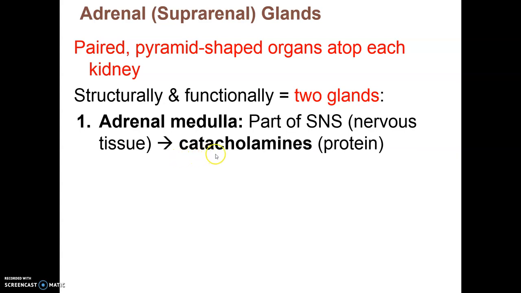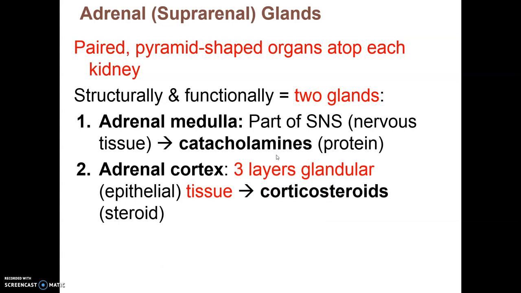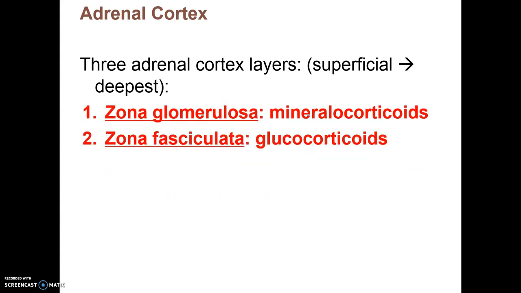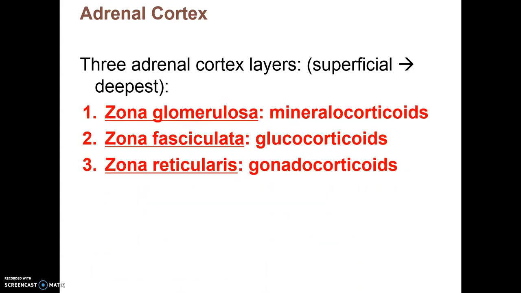Together they are known as catecholamines. The outer region of the adrenal gland is known as the adrenal cortex. It has 3 layers of glandular tissue and they release hormones known as corticosteroids. So the adrenal cortex is divided into 3 parts.